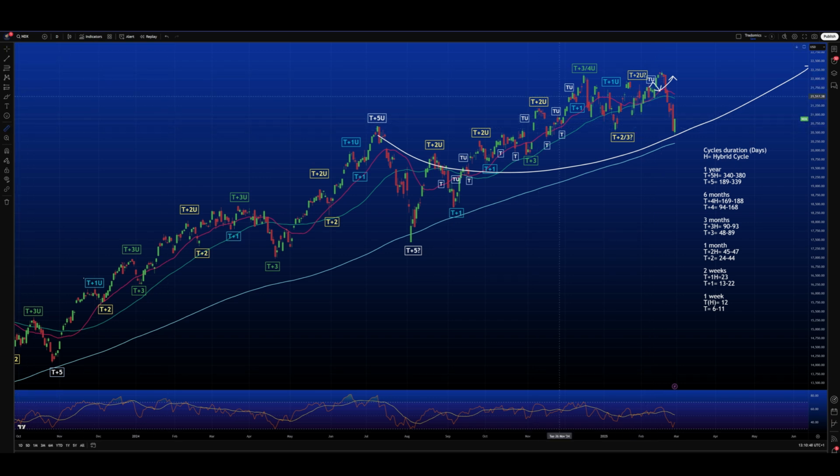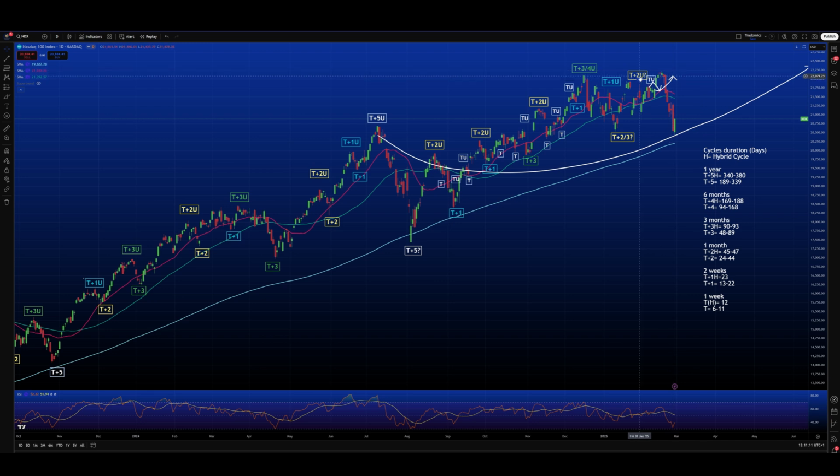Now, if we take the total duration from the top that was done on the 16th of December 2024 until the candle that was done on the 19th of February 2025, which represented the main top, so in order to gauge the total duration, we have to go a candle back, it is 41 bars.